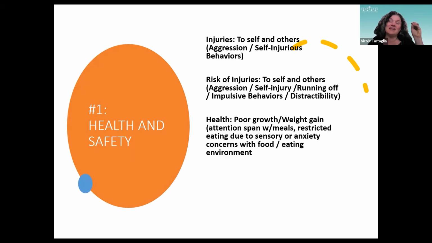If the behavior is also causing challenges with health, right? So, for example, if a child or adult is not growing well or not gaining weight because of a short attention span with meals or up and down all the time, they have really significant restrictions in terms of sensory symptoms and they're not eating as much as they should, or they have a lot of anxiety issues related to food or the environment where they're supposed to eat, the cafeteria at school, or other settings where things are just too overwhelming to them.